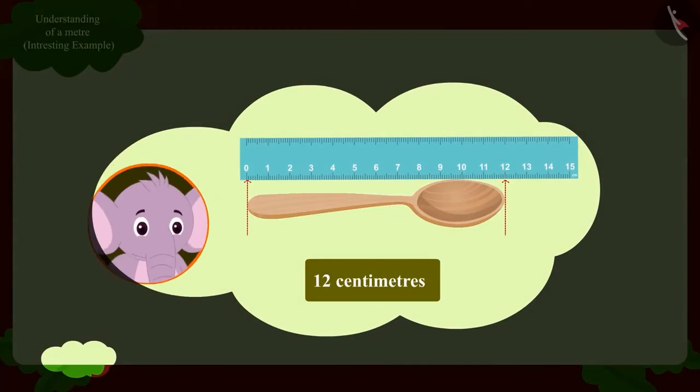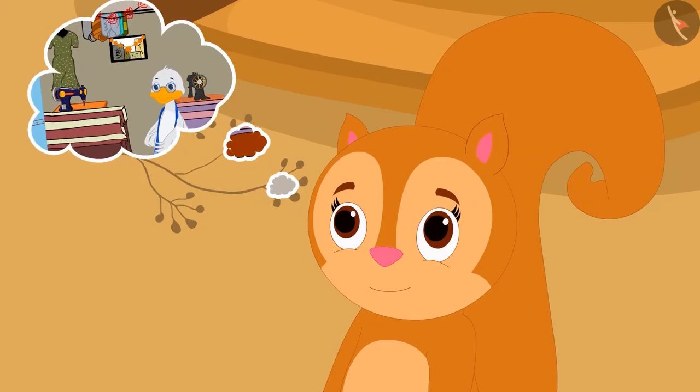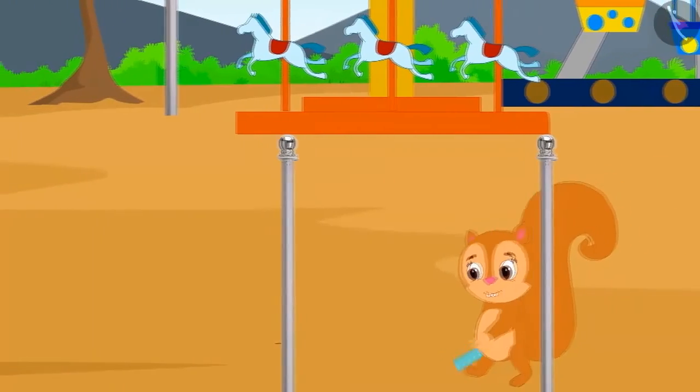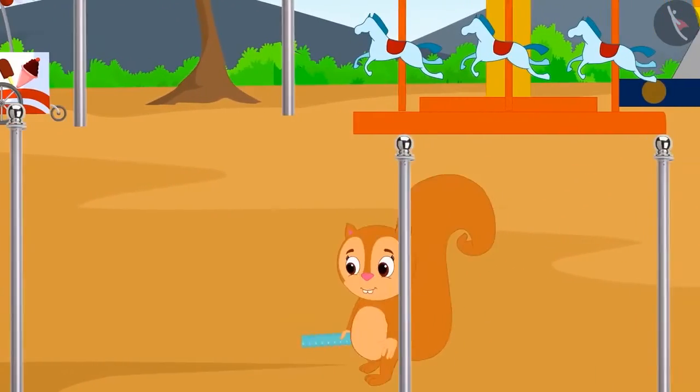Chanda had learnt from Appu about the use of centimeters and rulers. So she is confident that she will easily be able to give the correct measurements for the curtains to uncle. She immediately reached the fair taking her 15-centimeter ruler.